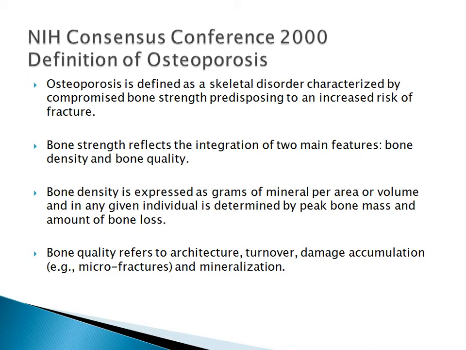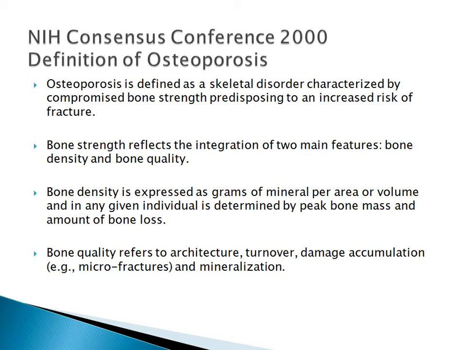In that conference, there was a new definition of osteoporosis created. Before that, it went strictly by the bone mineral density. But after the consensus conference, osteoporosis was redefined. Osteoporosis is defined as a skeletal disorder characterized by compromised bone strength, predisposing to an increased risk for fracture. That's the definition. So it's loss of bone strength.